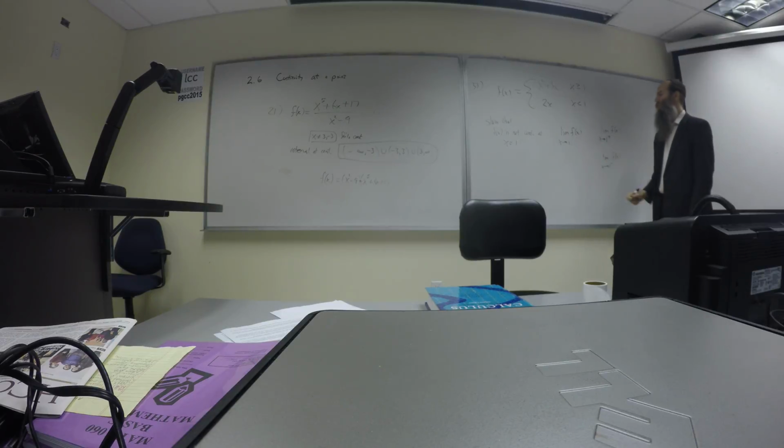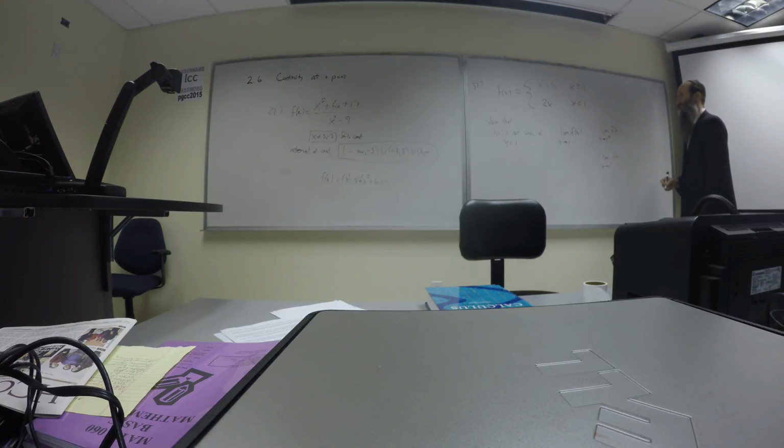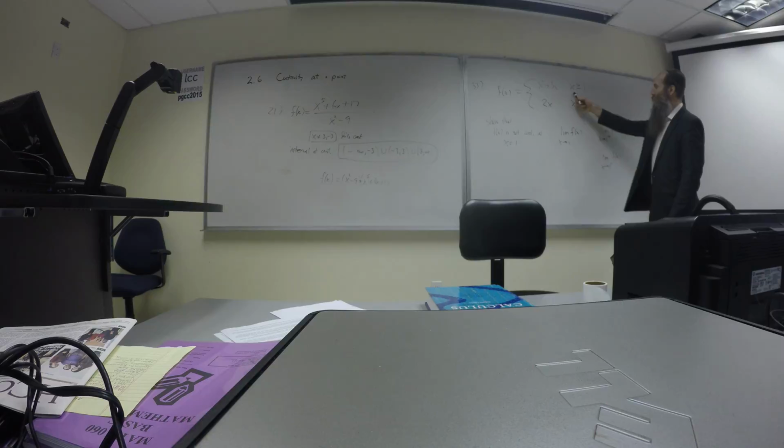Okay. So basically, without drawing the full picture, can you just plug it in? First of all, which part of the function am I dealing with? x is approaching 1 from the right. Which part of that am I dealing with? Top. x is greater than or equal to 1.